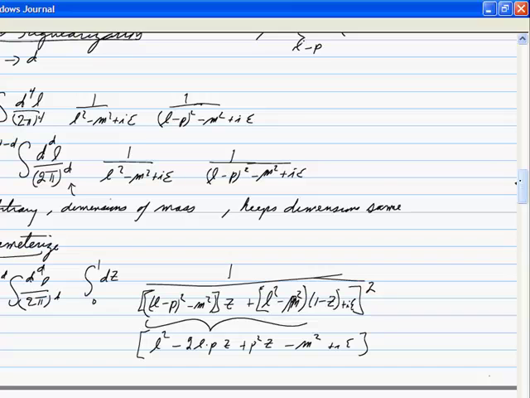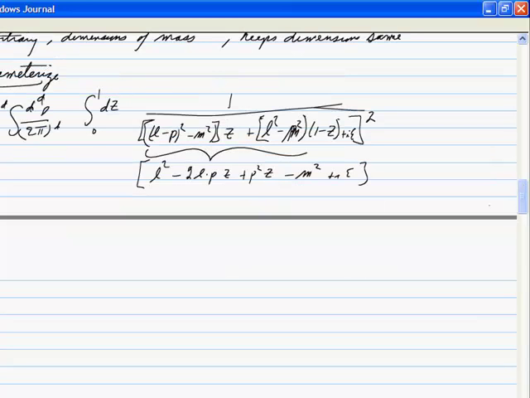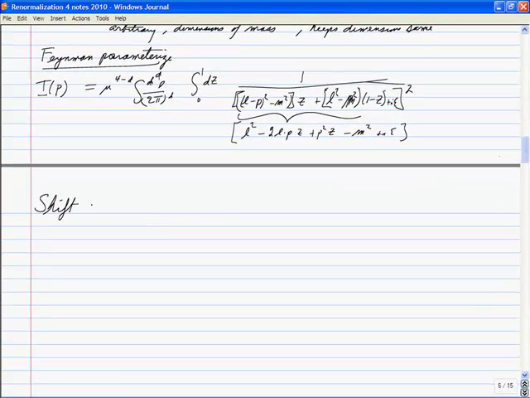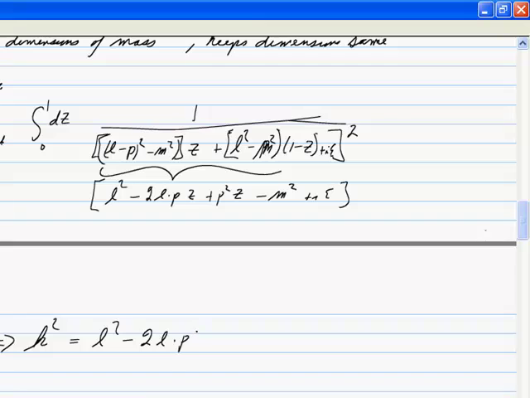Now, the next step, we didn't have to do it before, but here we have to do it. We have to shift the variables. So let me define K as L minus P z, so that K squared is L squared minus 2 L dot P z plus P squared z squared.